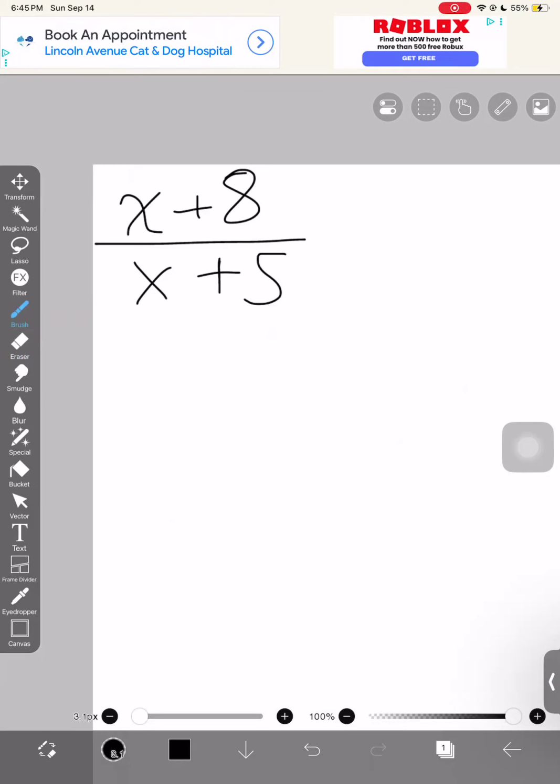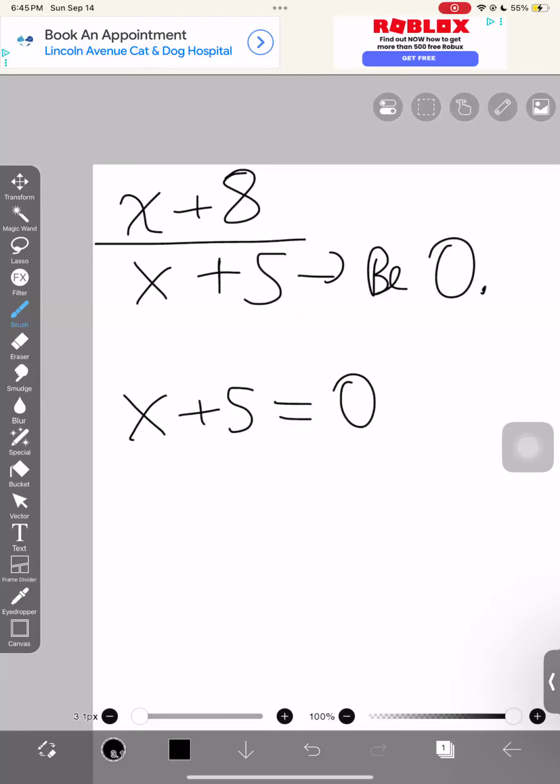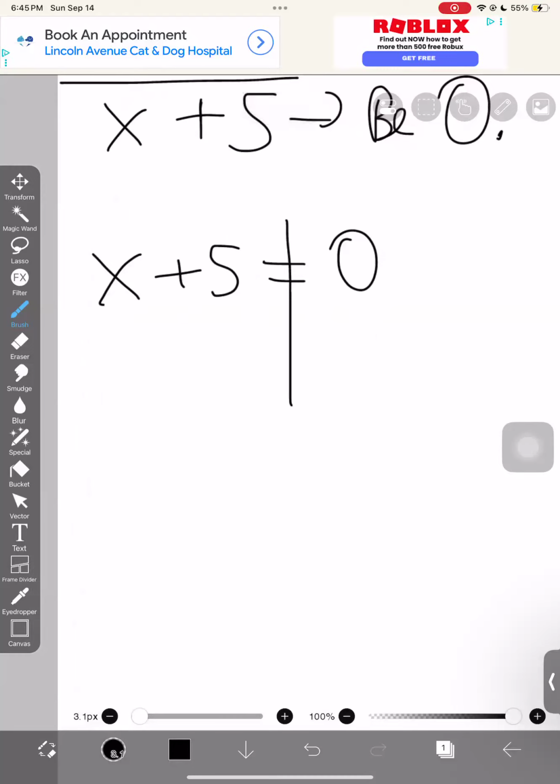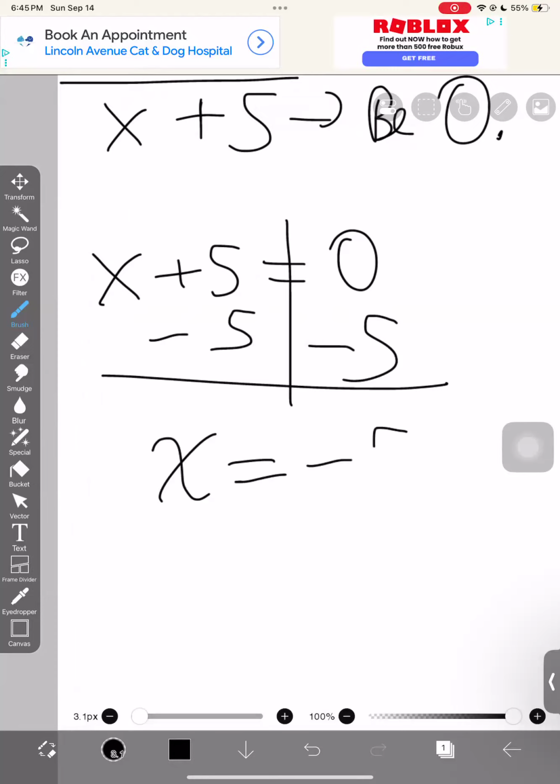Fractions cannot have zeros in the denominator. So that's our goal: when will this be 0? Well, then we just do x plus 5. And when will x plus 5 equal 0? We could solve that. Well, we've done this before. What's the opposite of positive 5? Minus 5. And we get x is equal to negative 5.